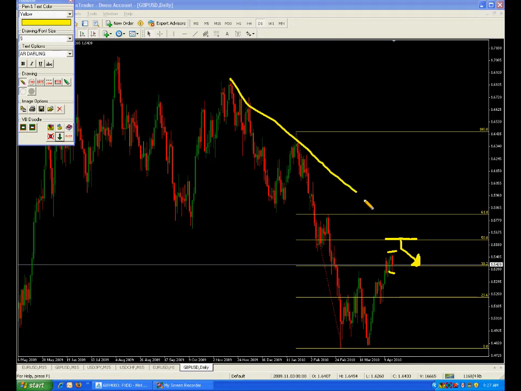And look at this. If I can draw a line, how well can my line be? Ooh, look at that. So on a long-term time frame of this pound pair, we've got this long-term trend line coinciding. We're on a daily chart, so a very long-term trend line, and we have the 50 of our last large move right here, and they both intersect right at this 50 level.